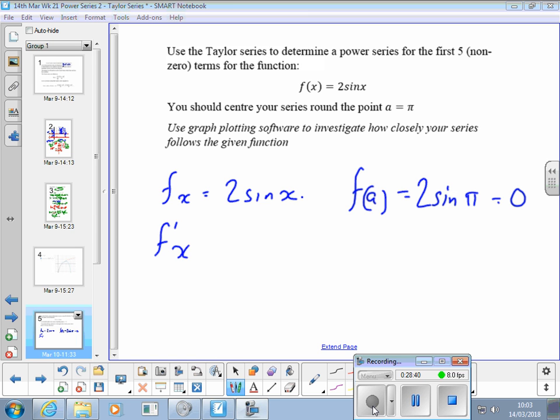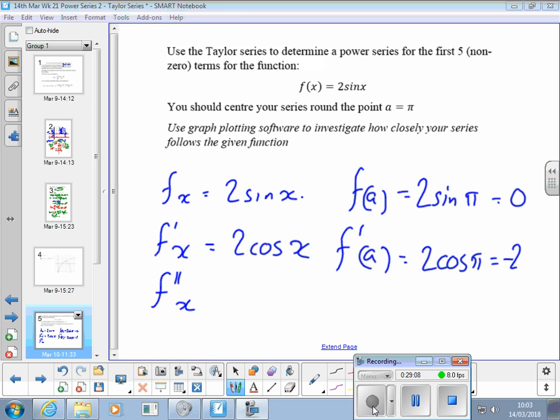First differential is 2 cos x, which at a gives minus 2.